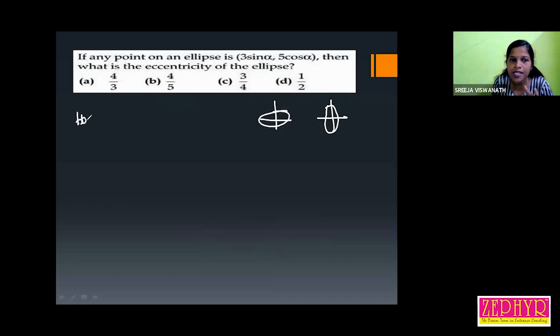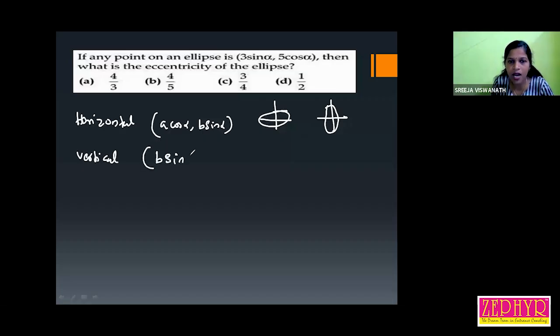If the ellipse is horizontal, the first type, then the coordinate is in the form of a cos alpha and b sin alpha. This is the parametric form. If the ellipse is vertical, the second type, then the parametric form is b sin alpha and a cos alpha.